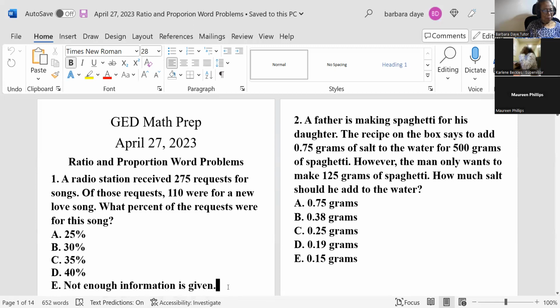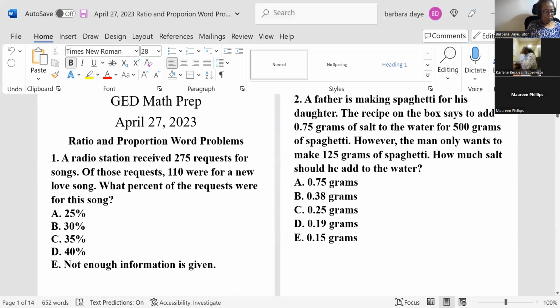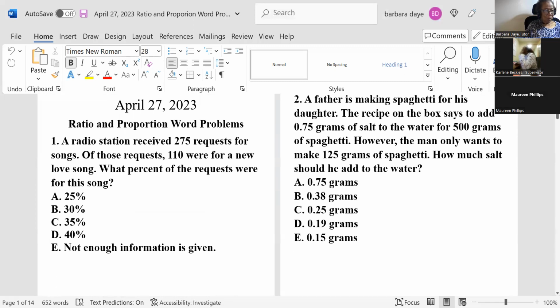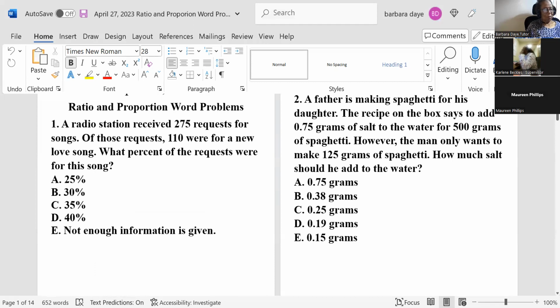Okay. So how would we set it up? Radio station received 275 for the songs, right?